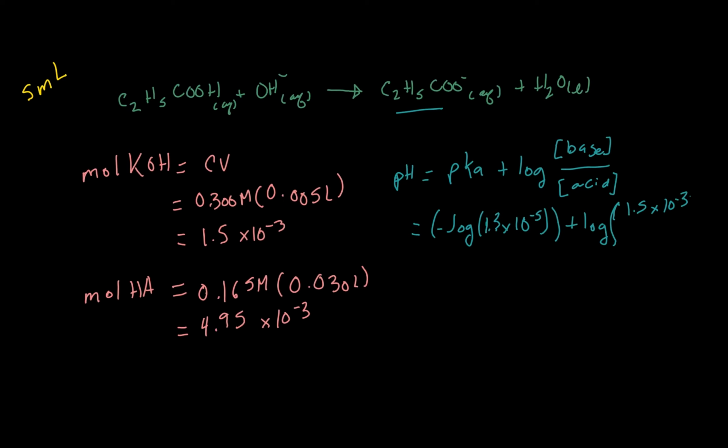And then in the denominator, we're going to have the difference between the moles of acid and the moles of KOH. So I said them backwards, but that's what you got anyway. So that's going to be 4.95 minus 1.5 times 10 to the negative 3. And that is going to give us a total of, just give me a quick second for that.